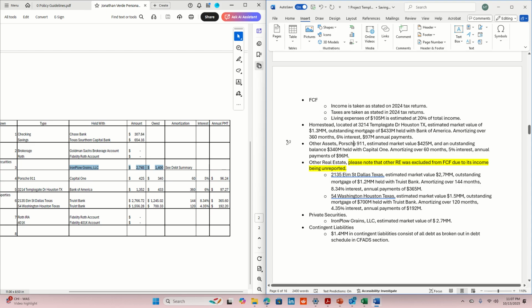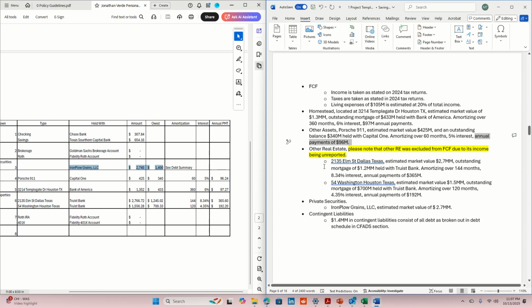The first, what is it? And for the homestead, for the real estate, it's not going to be what is it, it's going to be where is it. Then estimated market value, outstanding balance, who it is held with, amortization, interest rate, and then annual payments.